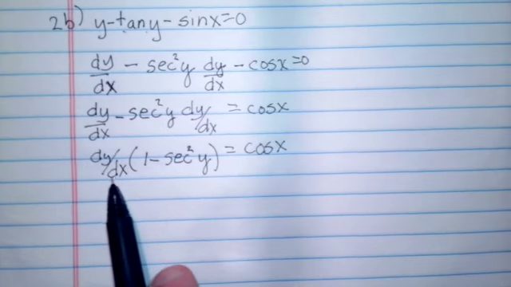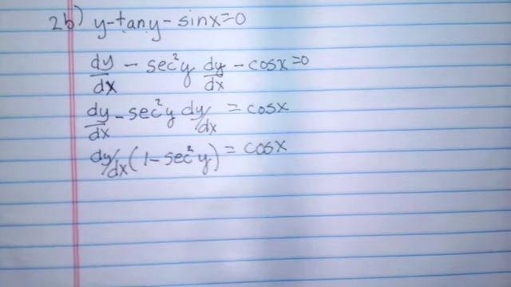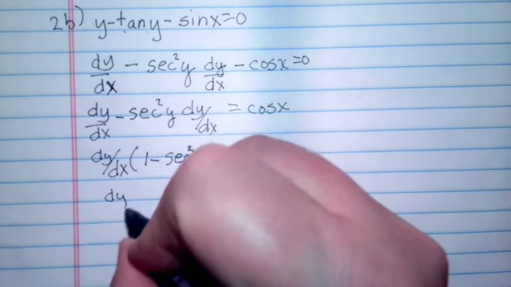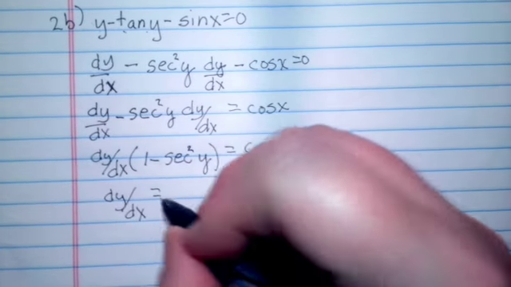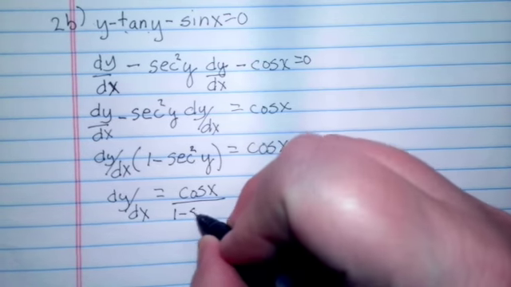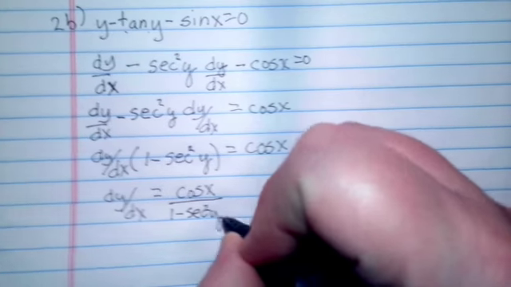So the common factor dy/dx comes out, we are left with 1 minus secant squared y, and then we divide each side by 1 minus secant squared y, and we get dy/dx is equal to cosine x over 1 minus secant squared y.